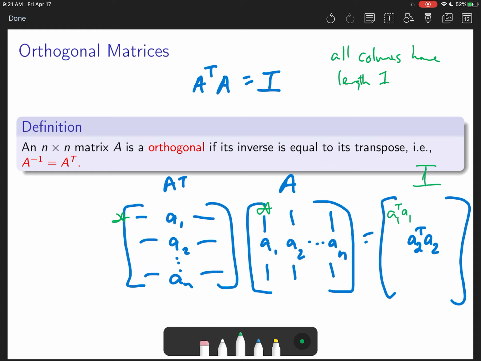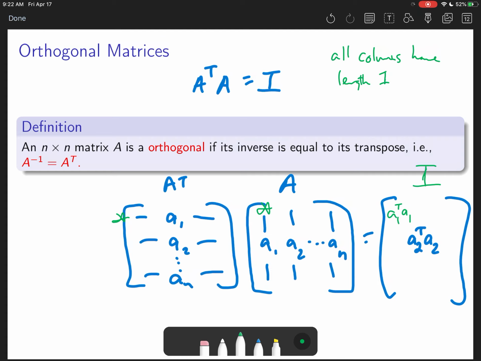Because what we're finding with that A1 transpose A1 dot product is really the square of the length of A1.